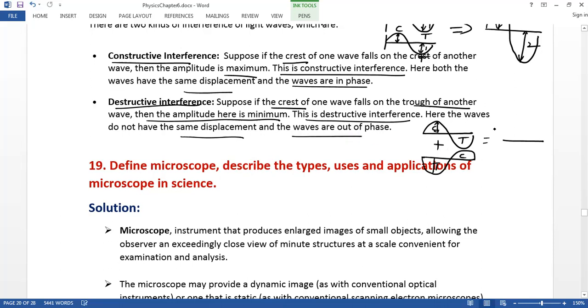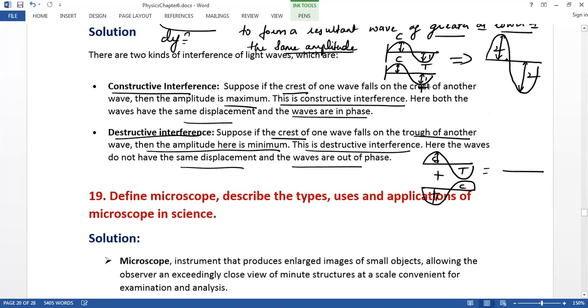In constructive interference, the resultant wave will be the addition of these two, and in destructive interference, the waves cancel each other's effect and the resultant will be a null wave. So these are the two types of interference: the first one is constructive, the second one is destructive.